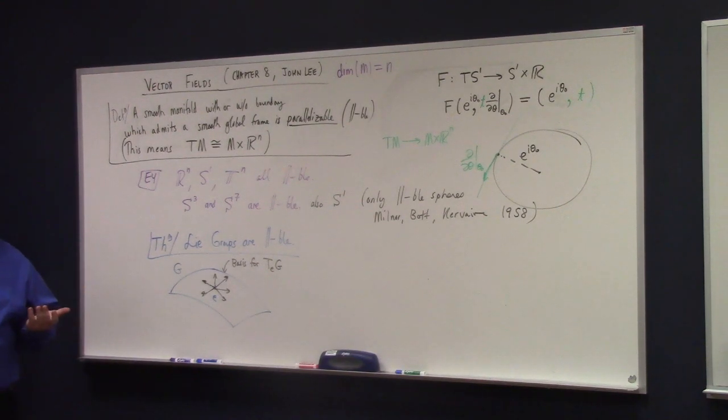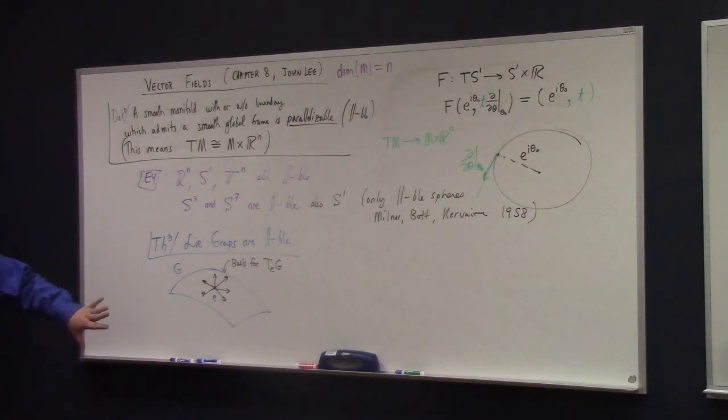And then basically all you have to do is use the left multiplication maps. And because they're diffeomorphisms, you can transport this basis everywhere else. You just push it wherever you want it to go. And it will give you a smooth global frame on the Lie group.